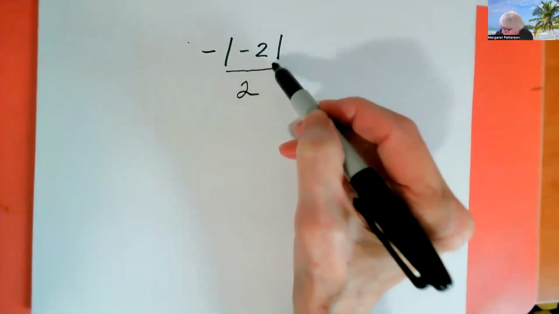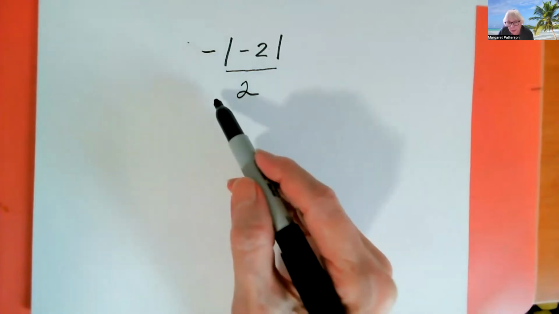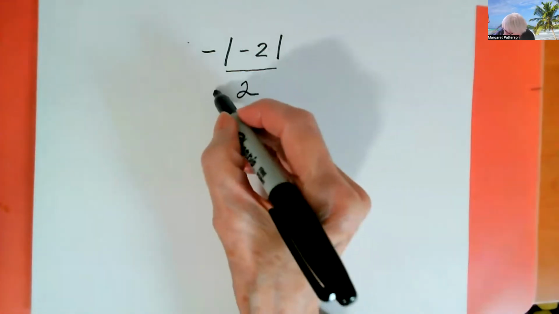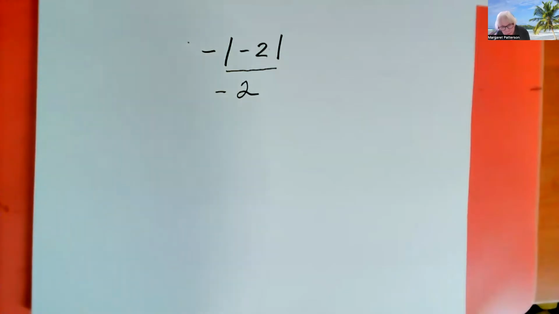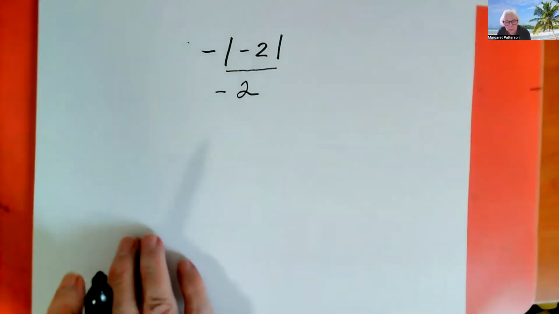So this much here would be 2. But then there's a negative in front of it. So the opposite of this would be -2. So they make a fuss about this at the very, very beginning, but it actually turns out it's not all that big of a deal.